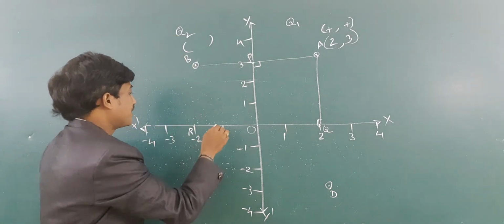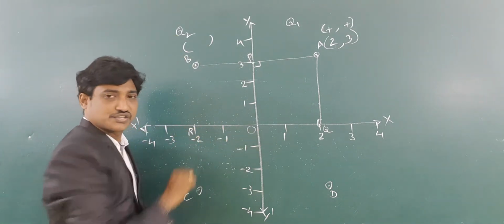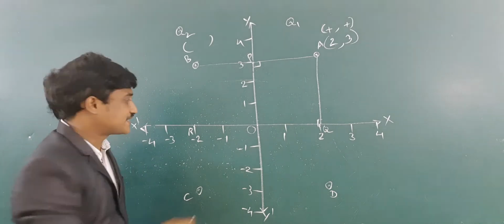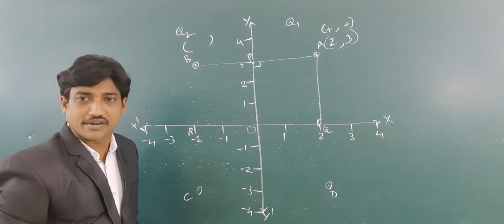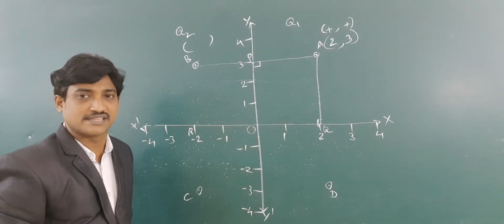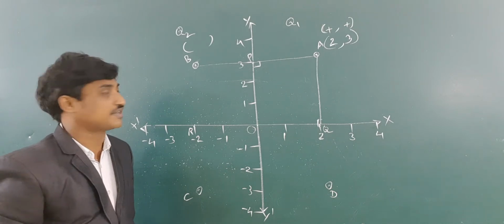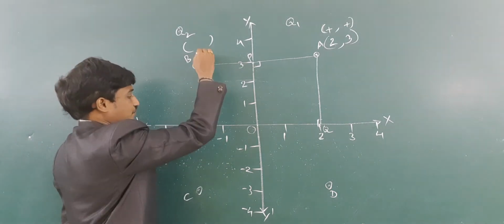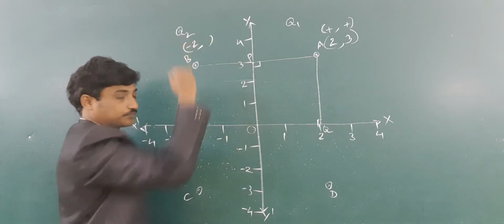The distance moved along the negative x axis is taken as negative, so that is minus 2.